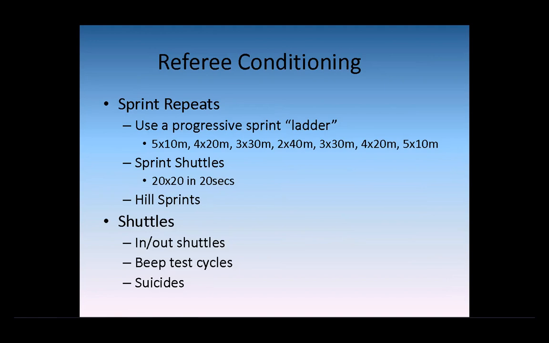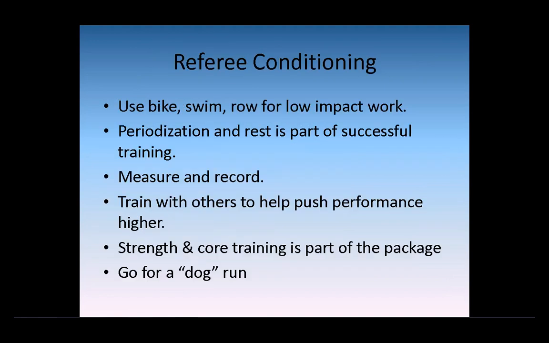You sprint out 10 meters, jog back. You can put it on a watch and give yourself a certain amount of seconds, and you might consider doing these on a 30-second cycle, where each 10-meter one is on a 30-second cycle. You have a nice rest in between them. As you accelerate up in length, that 30 seconds stays the same, so you've got to work harder.